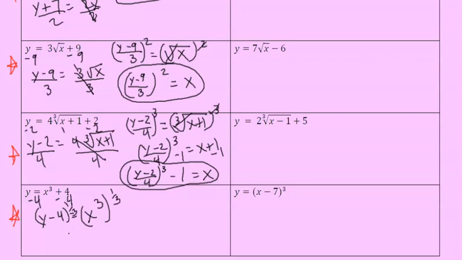The 1/3 power is the same thing as the cube root. So the cube root of y minus 4 equals x. Try that last one on this page. Y equals x minus 7 cubed.